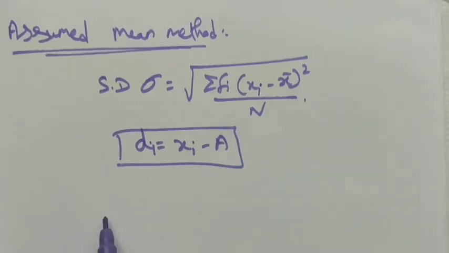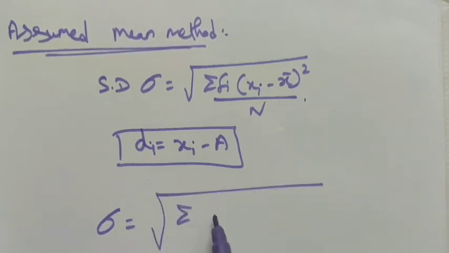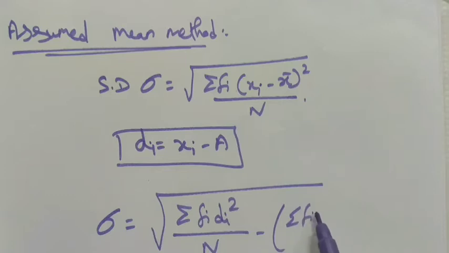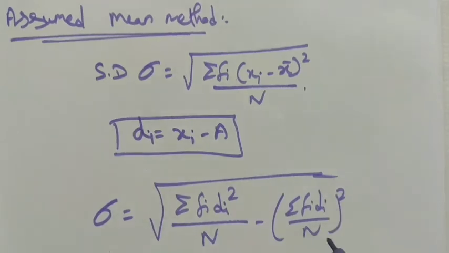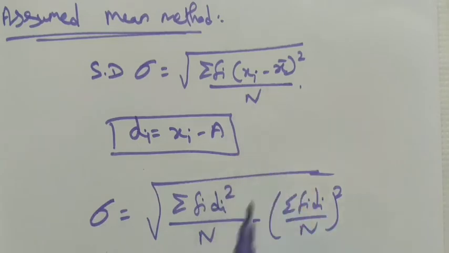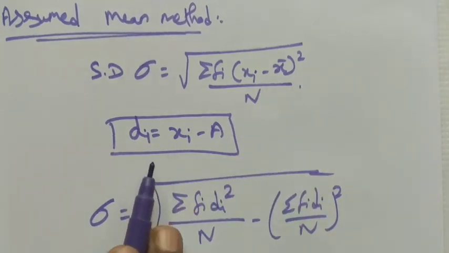Here we can find the standard deviation sigma is equal to root of summation fi di square divided by n minus (summation fi di divided by n) whole square. We have already seen in grouped and ungrouped data how to solve these terms using xi and x bar.